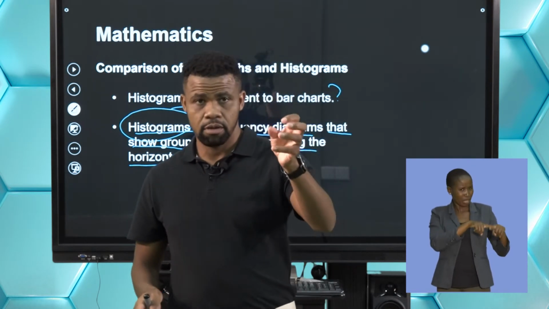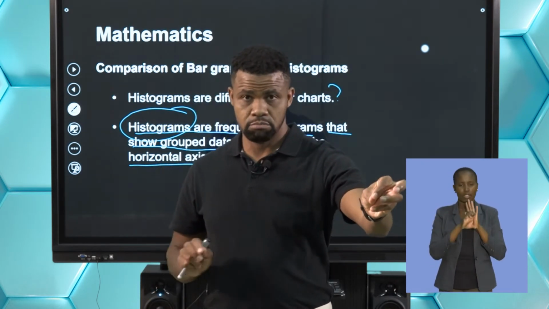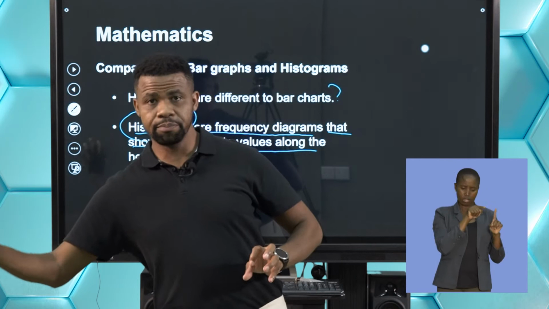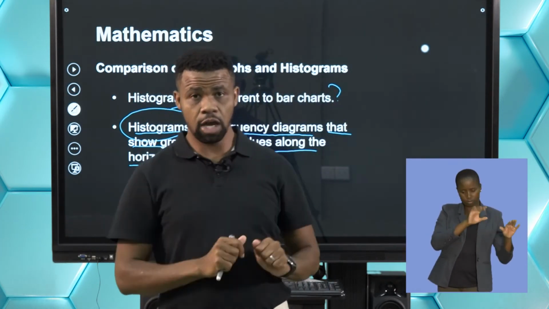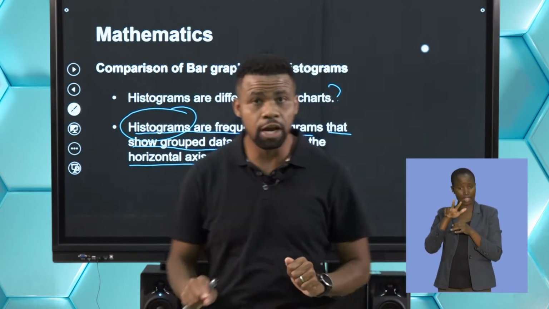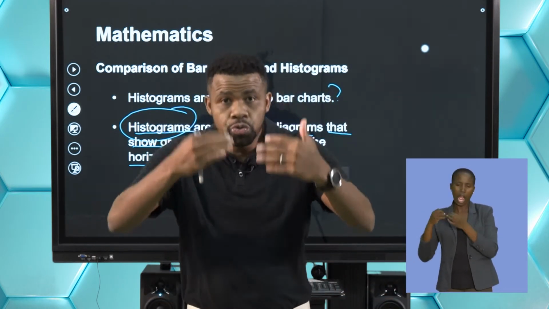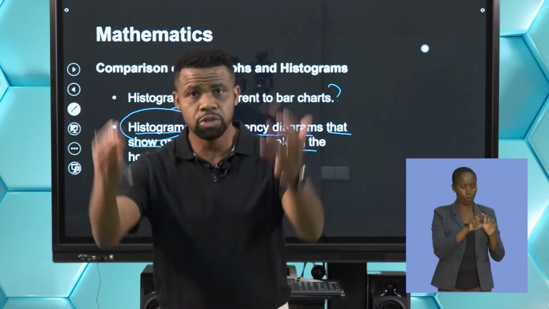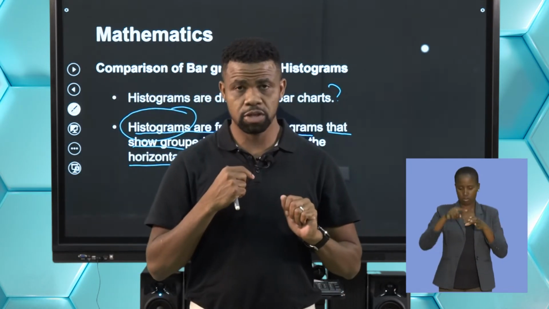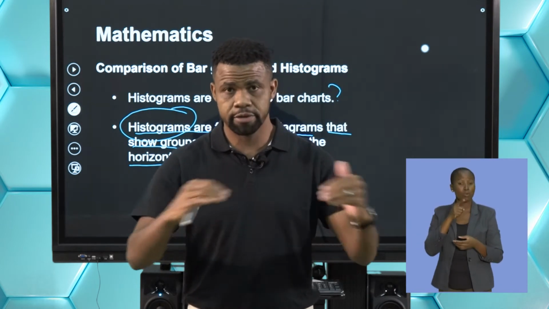They'll say 70 to 80, how many people? 40 to 50, that's grouped data. So the histogram we use to represent grouped data. Are we all together? Whereas a bar graph is just categories.